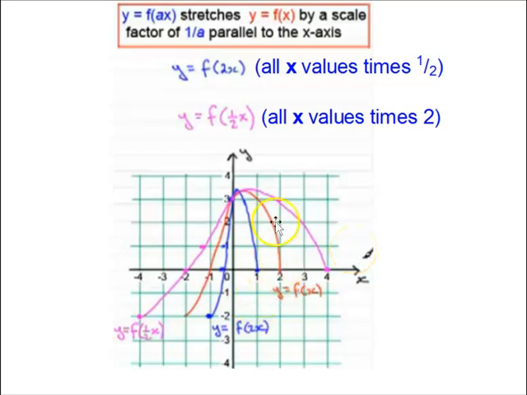So the red curve is y is equal to f of x. The blue curve is y is equal to f of 2x. And the pink curve is y is equal to f of a half x. So for y is equal to f of 2x, all the x values are multiplied by a half because the reciprocal of 2 is a half. And for y is equal to f of a half x, all the x values are multiplied by 2 because the reciprocal of a half, again, is 2.